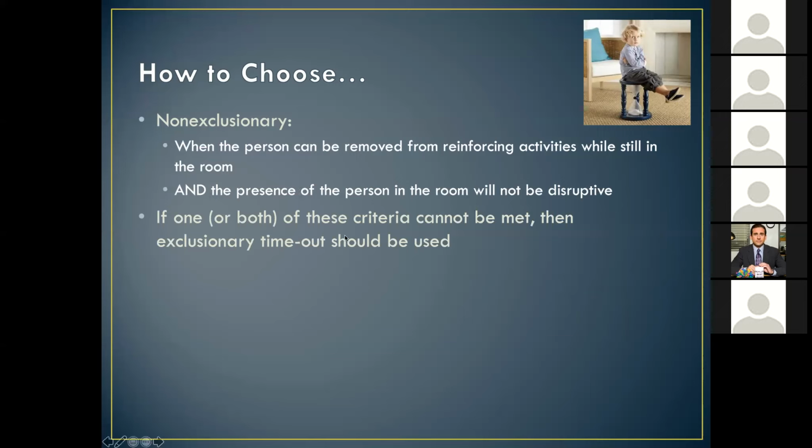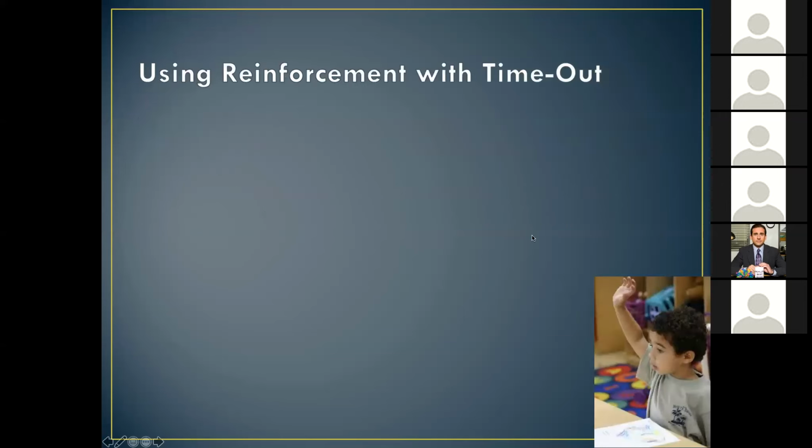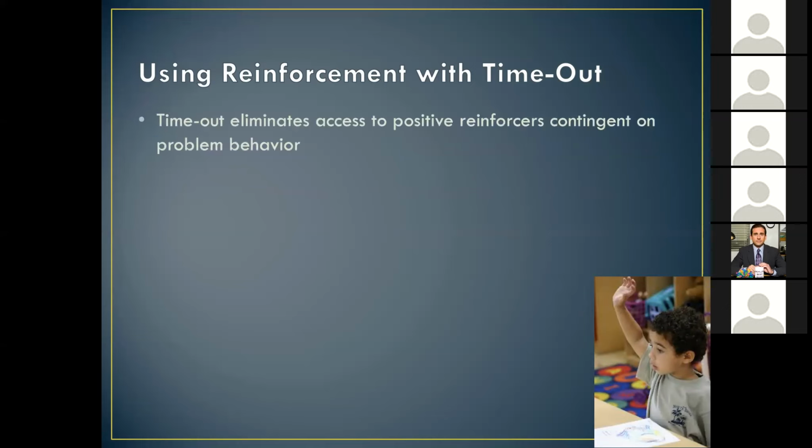If one or both of these criteria cannot be met, then exclusionary timeout should be used, right? Now, as I mentioned earlier, reinforcement usually should be used with timeout. Timeout eliminates access to positive reinforcers contingent on problem behavior, right? So it's important for the person to actually have access to some of the reinforcers.